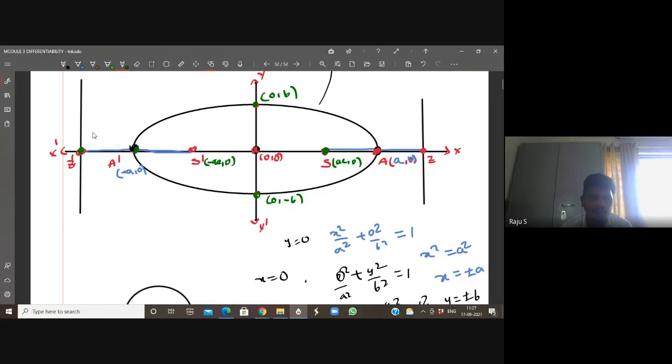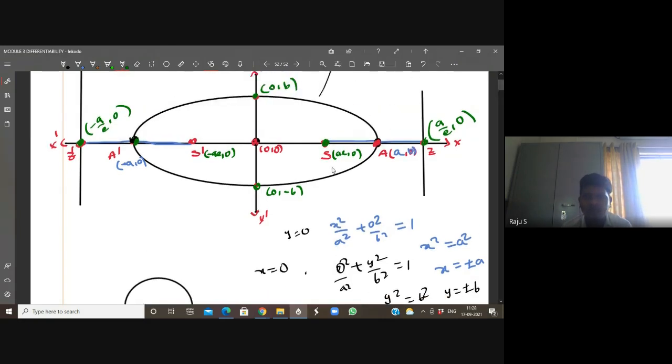Z is (A by E, 0), and Z dash is (minus A by E, 0). In another way, S can also be written as (root over A square minus B square, 0), nothing but AE equal to root over A square minus B square.